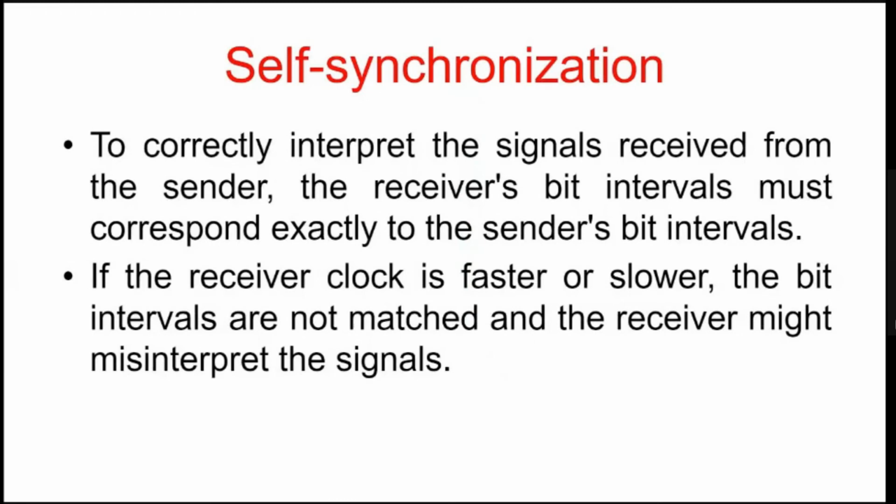Next is the self-synchronization method. What happens in self-synchronization? Synchronization, you know very well. If I log in to my Gmail on my system as well as my mobile, and I send a mail from my desktop, it will automatically reflect on my mobile device.